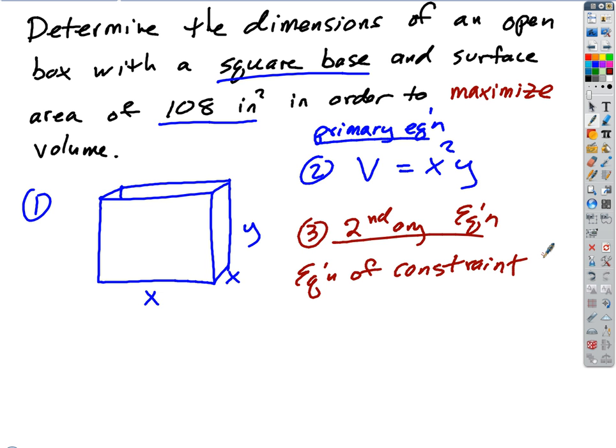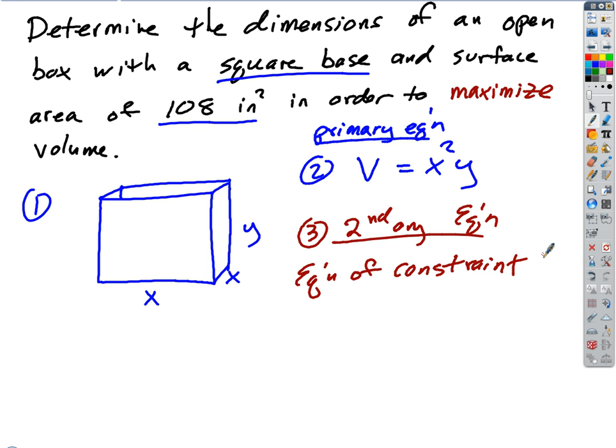We just make it limitless, big without limit, and then it's kind of a dumb problem, isn't it? That really doesn't have much bearing on what happens in the real world. So typically there is going to be some kind of a constraint placed on this. The constraint is almost always going to be a number, right? There's going to be some kind of a number here that's limiting what we can do. So what's our constraint? The surface area. Yeah, the surface area is 108 square inches, so that's our constraint, right?